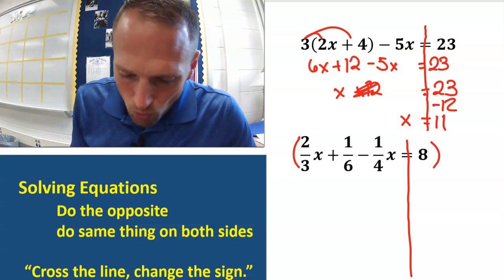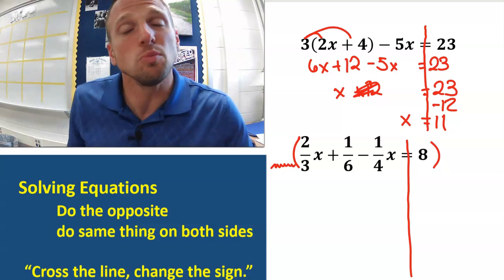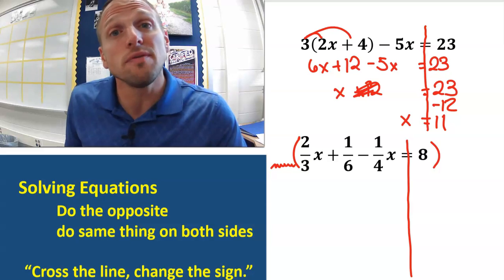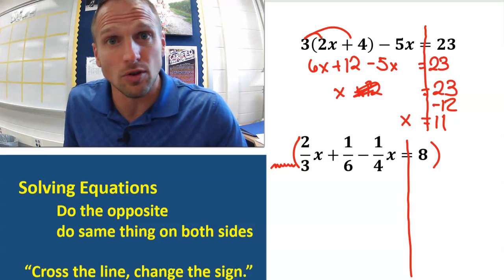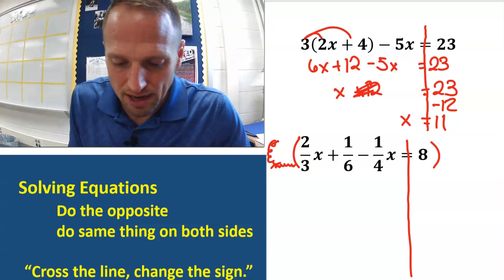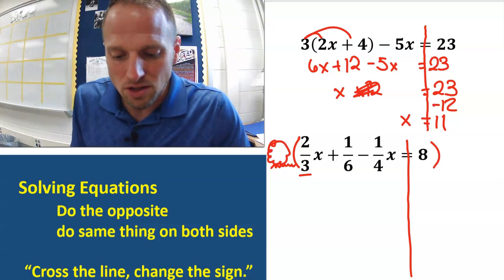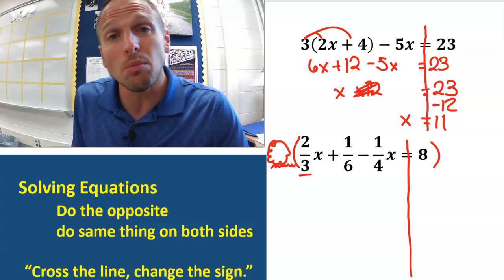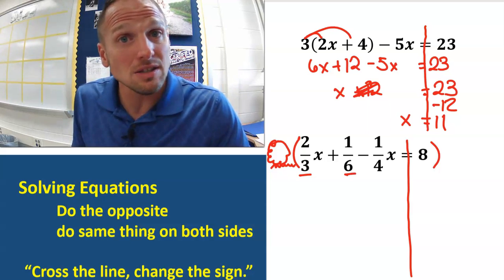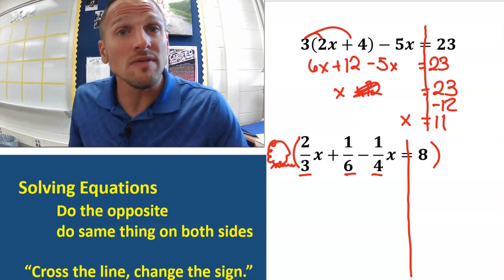Whatever number I put out here to multiply by, I need to be able to divide by all of my denominators, okay? So I'm looking for a number to put out in front that I could divide by 3. So I could take that number divided by 3, I could take that number divided by 6, and I could also take that number and divide it by 4.